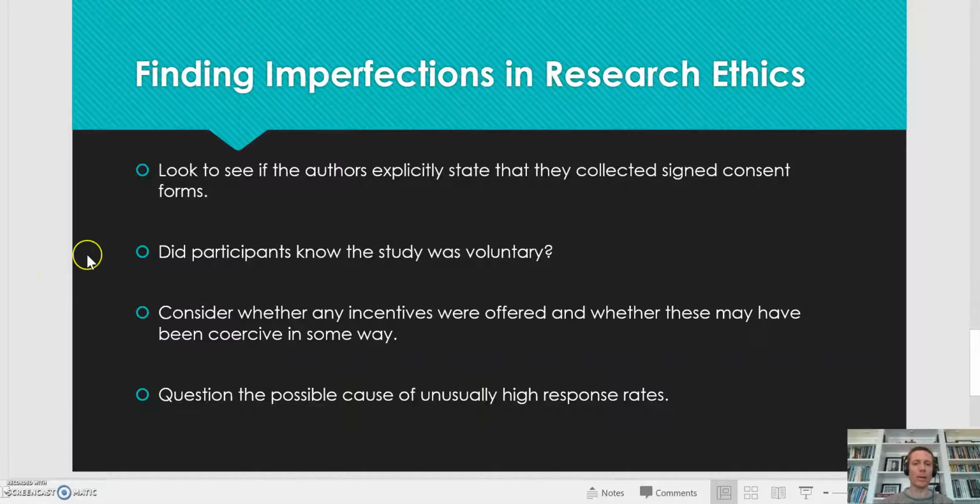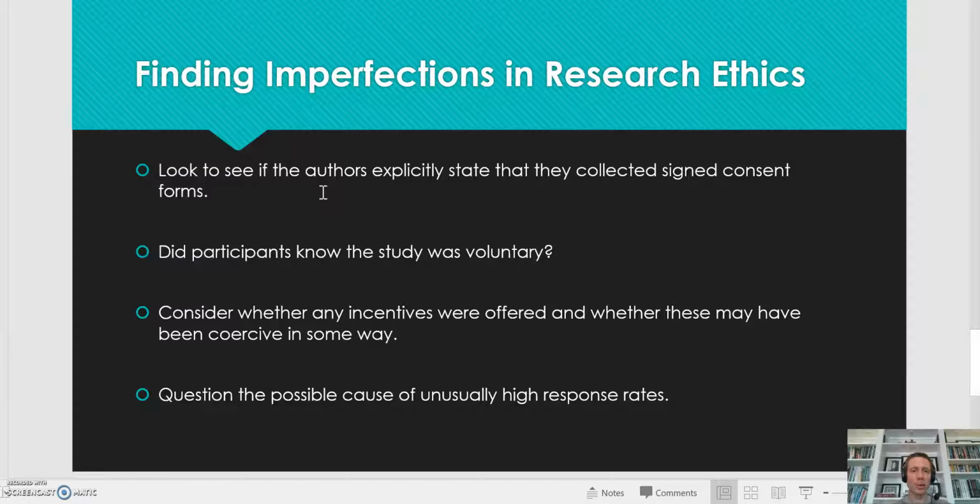So what Harris recommends if you're trying to look for imperfections in research ethics and you're reading academic, peer-reviewed journal articles, look to see if the authors explicitly state that they collected the signed consent forms. A lot of times when you submit to a journal, they will require you to have a statement relating to this study was approved by an institutional review board, an IRB.